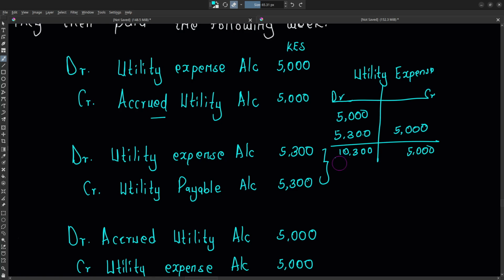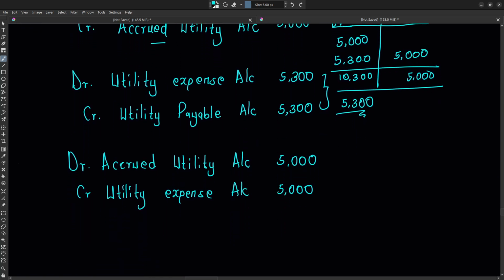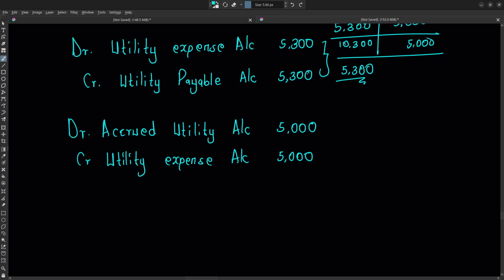So our balance will be 5,300. You see it has finally come to the true actual cost incurred during the period of May, which is 5,300. Now what happens when we pay?